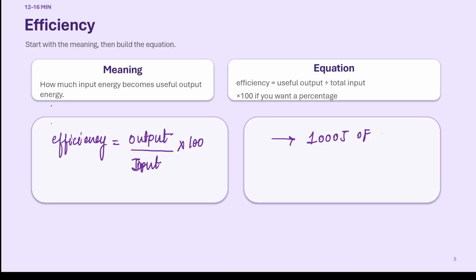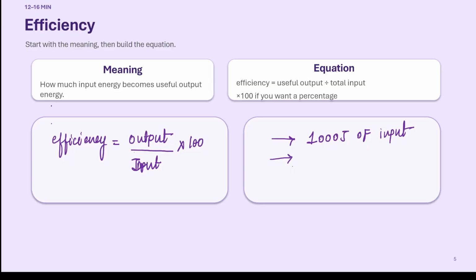Now, once this energy has gone into the food, obviously the entire energy is not going into the food. If I keep my food on my barbecue, a lot of heat is going to waste into the surroundings. So let's say I'm using only 200 joules for cooking the food.